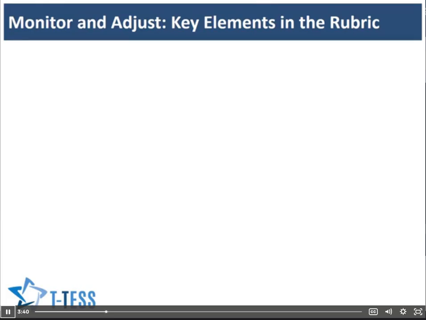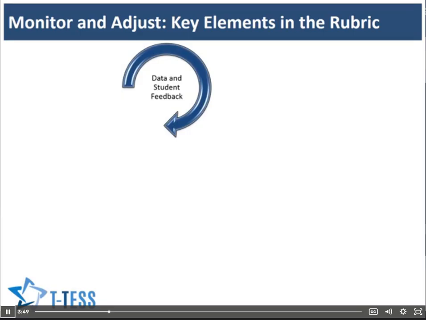Honing in on the Monitor and Adjust dimension, there are key elements in the T-TEST rubric that are present for this specific dimension. First, data and student feedback. In other words, how are we using data and student feedback to make decisions about when and how to monitor and adjust?